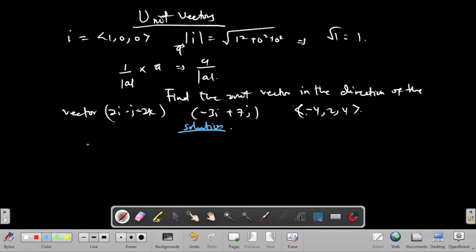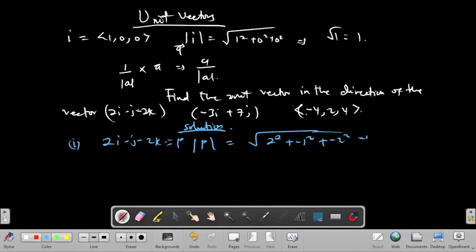So I have 2i minus j minus 2k, right? I'm to find the unit vector in the direction of this. First of all, I need to find the length. You can equate this to a random vector p. You need to find the length of p, which is the square root of 2 squared plus negative 1 squared plus negative 2 squared.